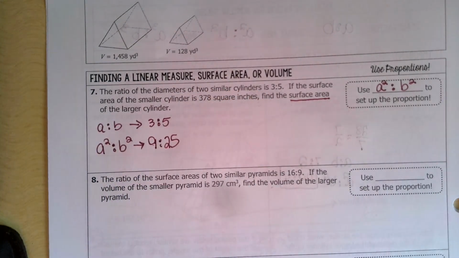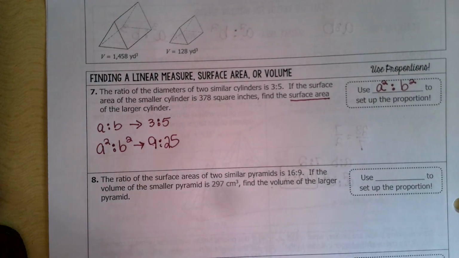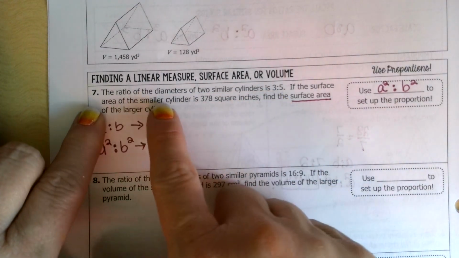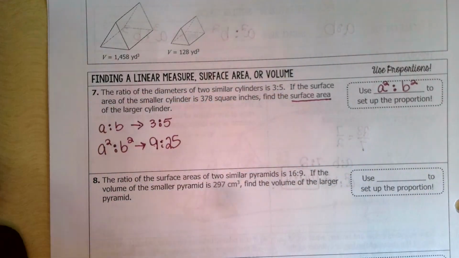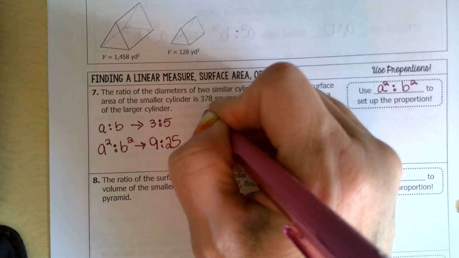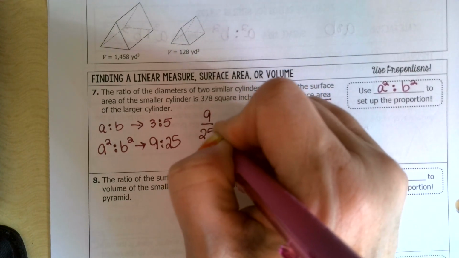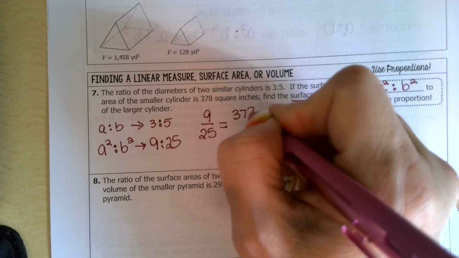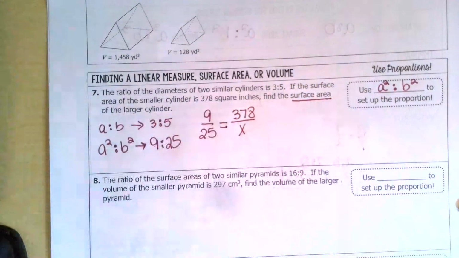And then it is just setting up a proportion and cross multiplying. So 2 cylinders, smaller to bigger, the surface area of the smaller, find the bigger. So we're going to say 9 over 25 equals, the smaller was 378, the bigger is what we're trying to find.